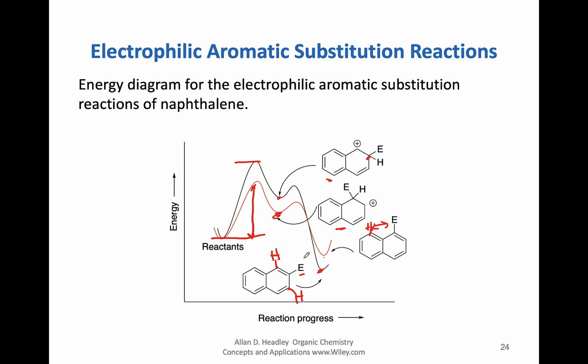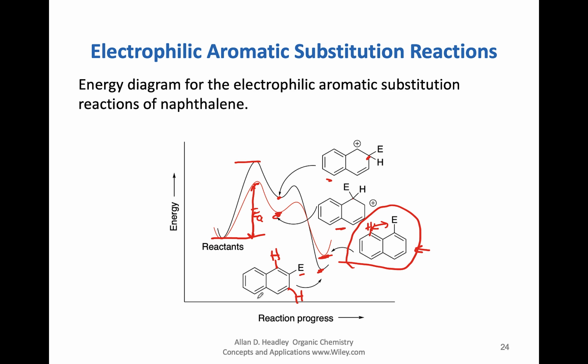So if you wanted to produce this one here as your product, you run your reaction at a low temperature so that we just have enough energy to meet this energy of activation here. Low temperature. Just the minimum amount of energy required just to get up to here so it can go on to give this product.